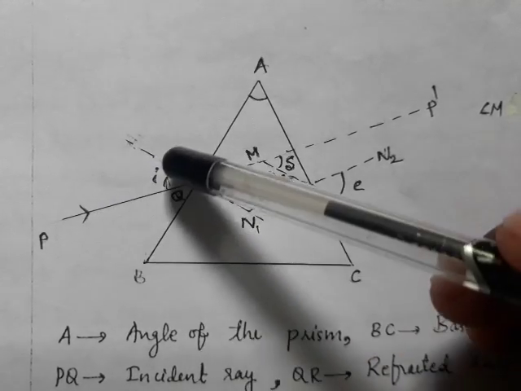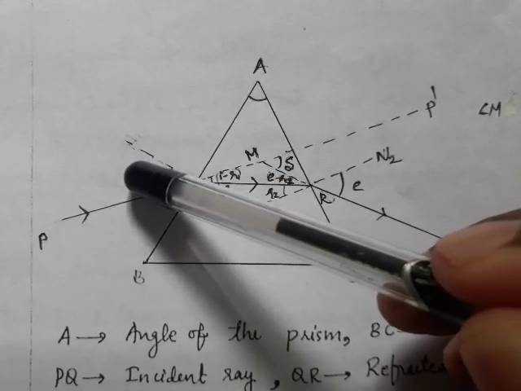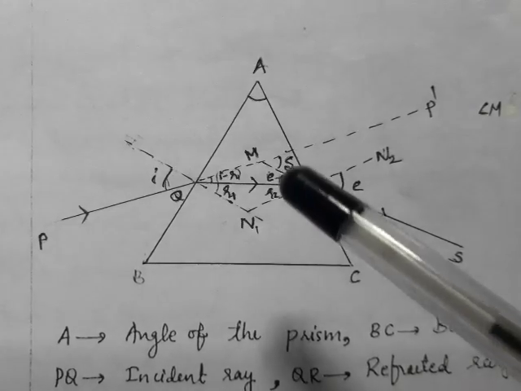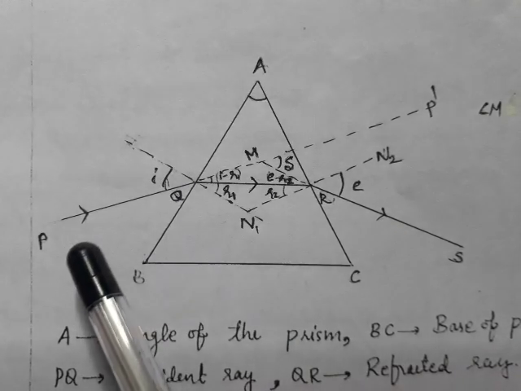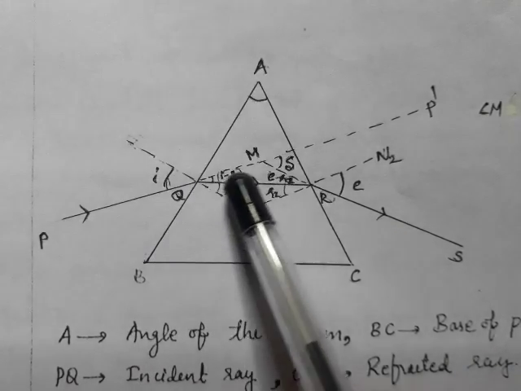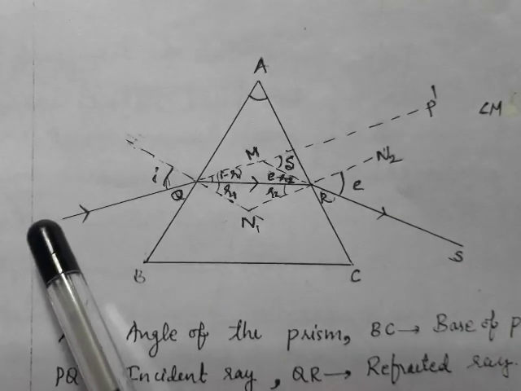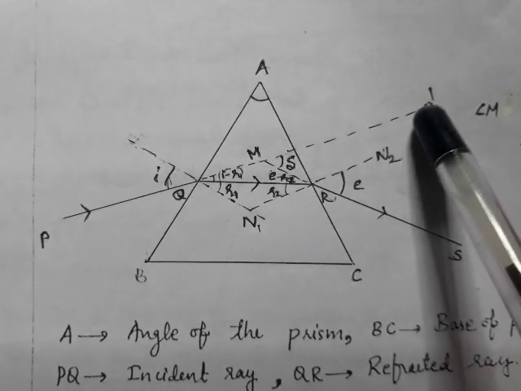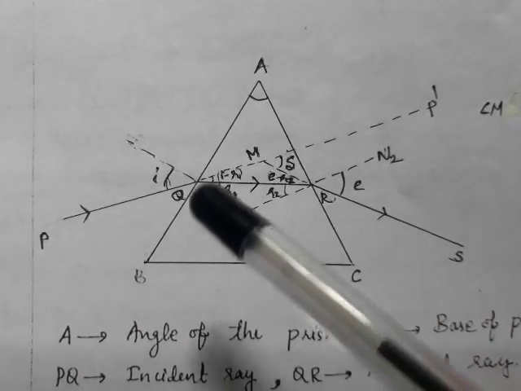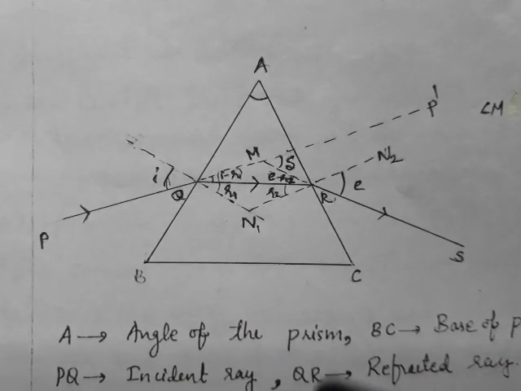This light ray PQ makes an angle I with the normal, and if no refraction happens, this light PQ should go and reach up to P dash. This is the direction in which PQ should go without any deviation, but we know there is a medium change, so light will get refracted.